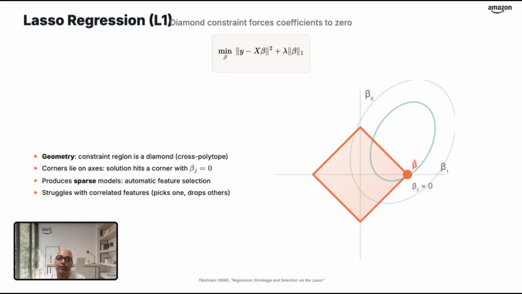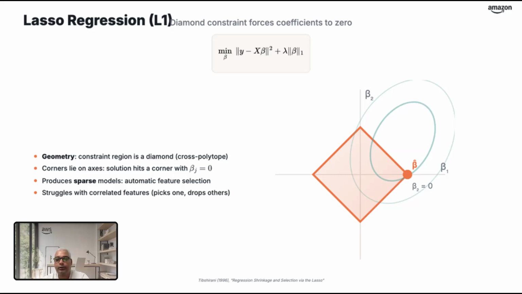So we get a sparse model, which implicitly means that we have done feature selection just by having L1 regularization in the training objective. That's the good aspect of it, but the downside is that this is performing a hard selection. If we have correlated features, it selects one versus the other, whereas maybe we would want both of them to be present but with different weights. Lasso would select one over the other in some way.